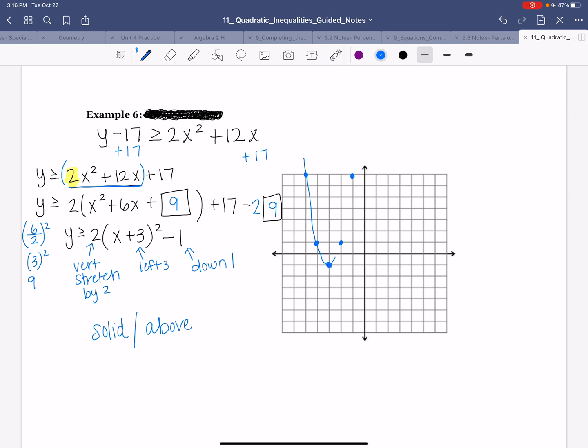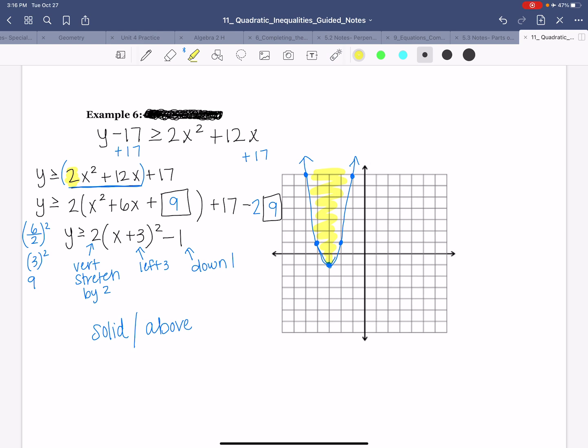Make sure it's rounded down here and not pointy. Arrows on both sides. Shading above means that on the inside, this is above. Imagine if you took this parabola and straightened it into a straight line. What area would be above your straight line? What would be below? So that would be above.